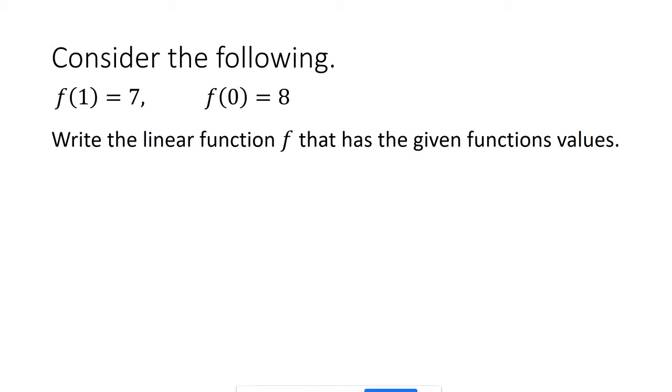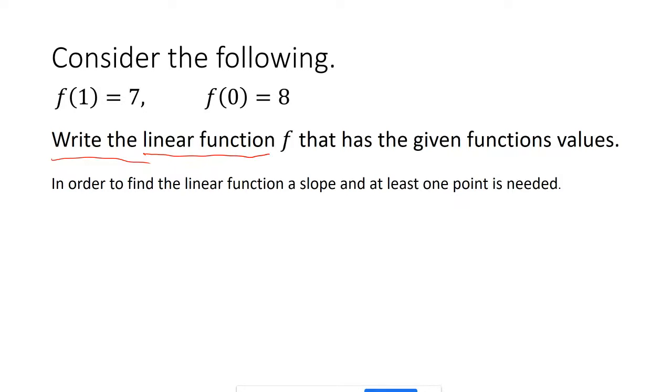Okay, so here's another example. It says, consider the following: f of 1 equals 7, f of 0 equals 8. Write the linear function. So those are your keywords, linear function, that has the given function values. So as I mentioned earlier, in order to do this, you need to have at least 1 point and you need to know what the slope is.